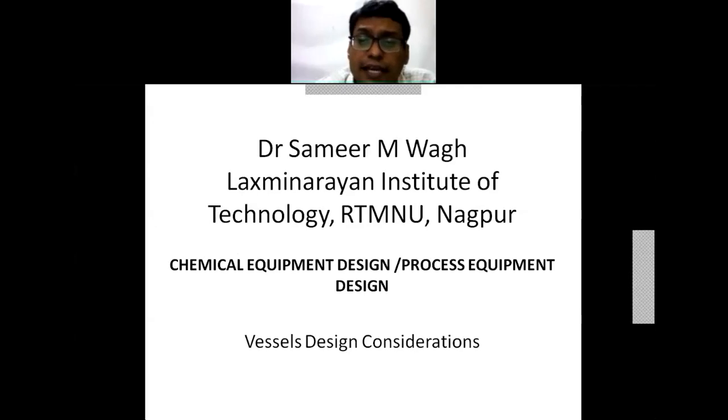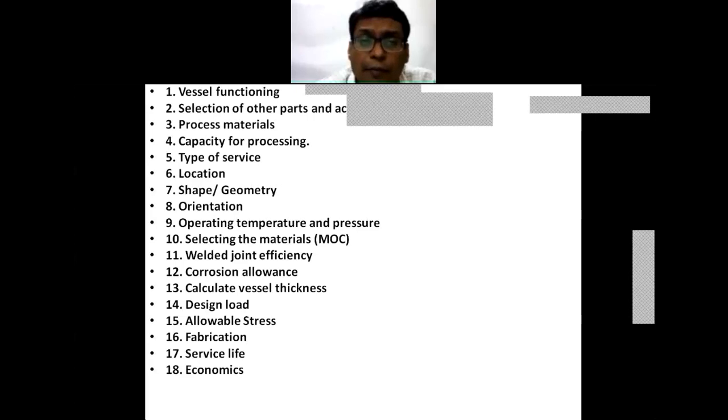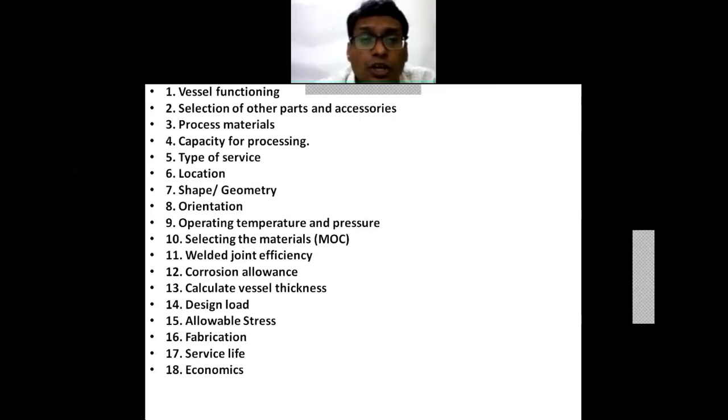While designing a vessel, I have to consider all these different parameters. These are the limited ones which we are going to discuss. In addition to that, there are a lot of other parameters that can also be considered, and when you go into the detailed designing of the vessel, you have to consider much more detail.